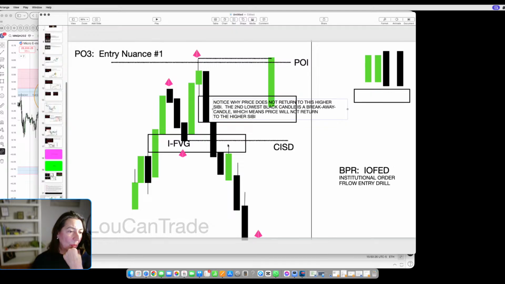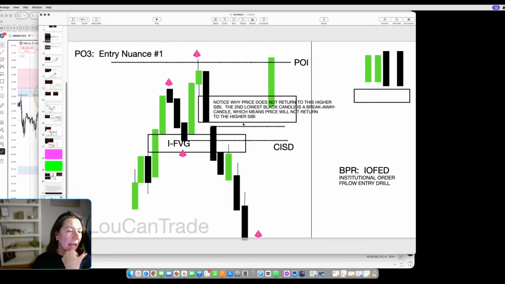So once the change in the state of delivery happens and we get this inverted fair value gap, by understanding what a breakaway gap is, we can move our stop loss into an area that improves our risk to reward. We may put it either just above this fair value gap or give yourself a little bit of extra room, maybe at the top of this black candle here.